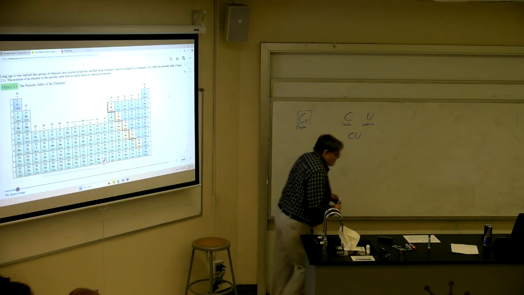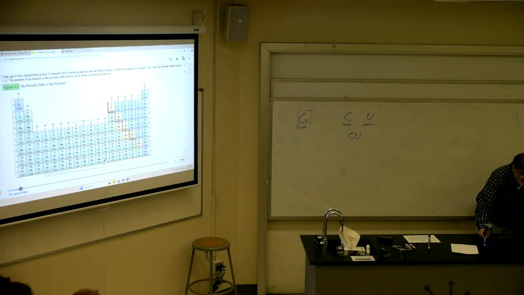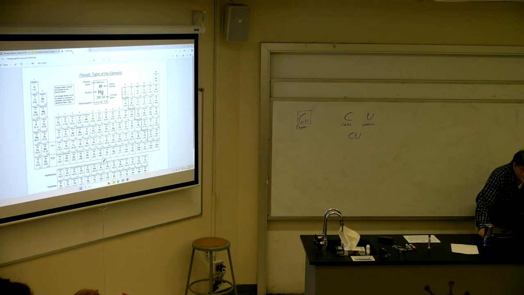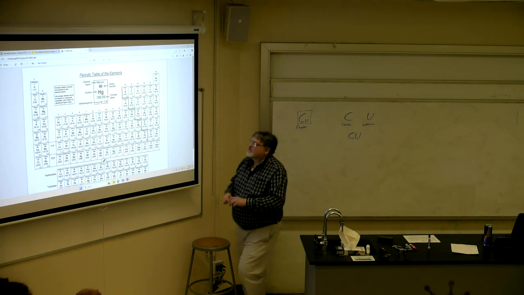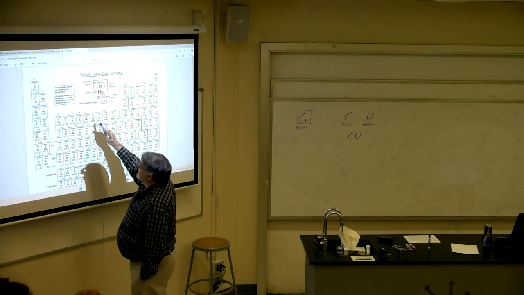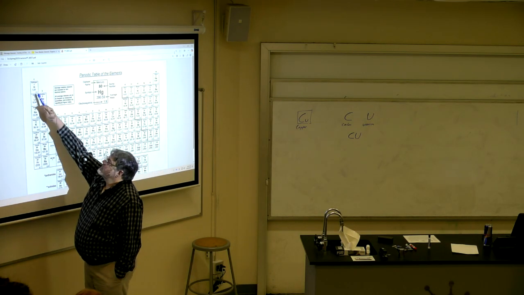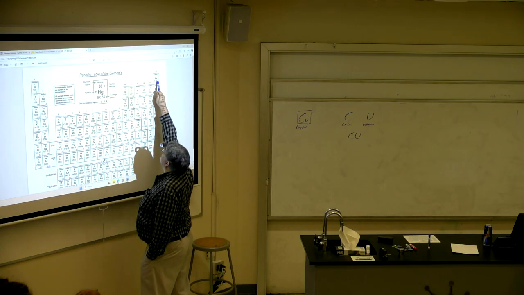Another important thing here is, if you look at your periodic table, bring mine up here. So we're all looking at the same thing. For each one of these boxes, it's a different element.